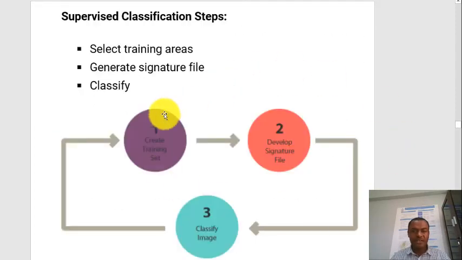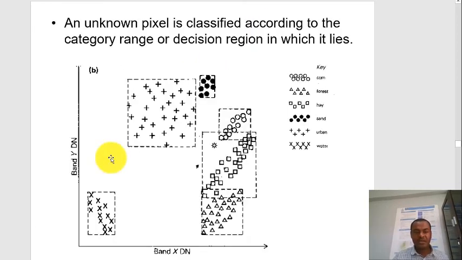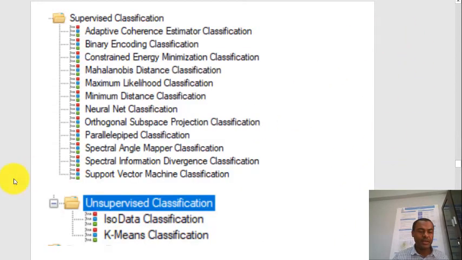And this is supervised classification. There are a couple of procedures for supervised classification. You need to select training areas, you generate signatures, and you classify. There are methods of supervised classification algorithms. For example, what are the different algorithms that are involved?